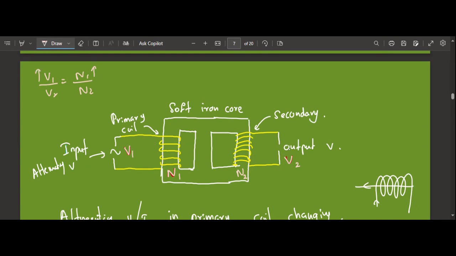So that means it will be reducing the output voltage, right? So if N1 is greater than N2, then what will happen? V input will be greater than V output. So this kind of transformer, you can say the voltage has been reduced. So they are known as step down transformers.